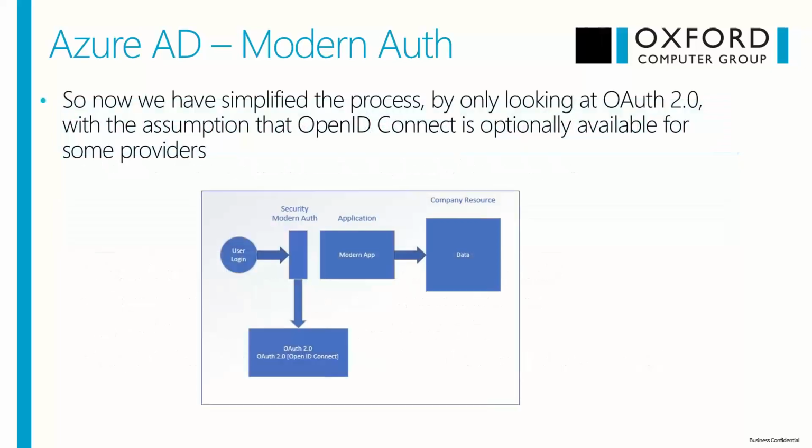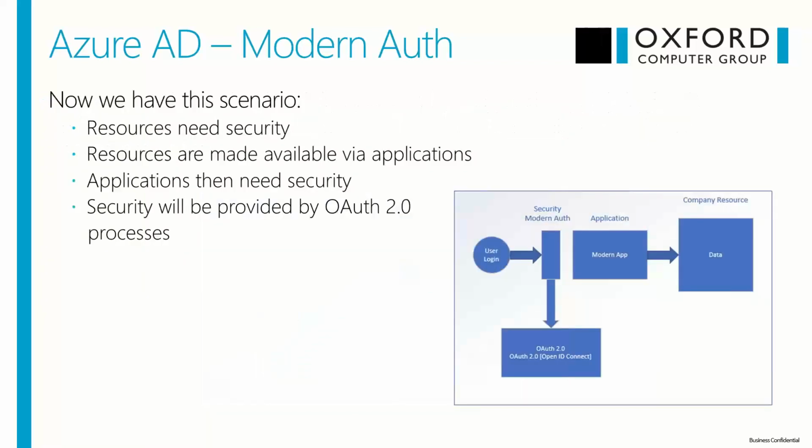So we've simplified the process by showing that modern authentication is used by the application to control access to the data. And so we've said that this data is protected by the application via OpenID Connect or OAuth 2.